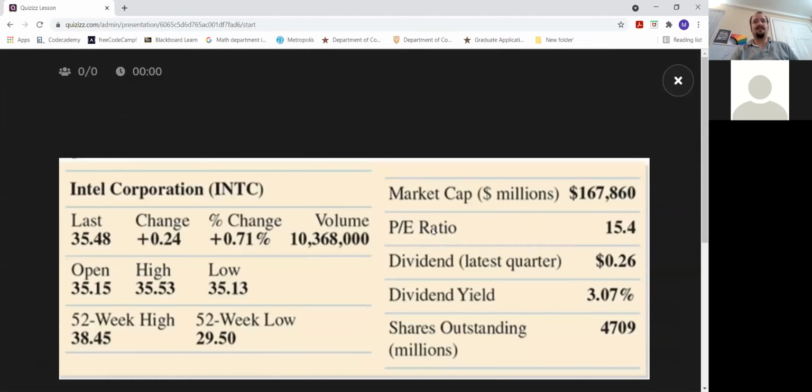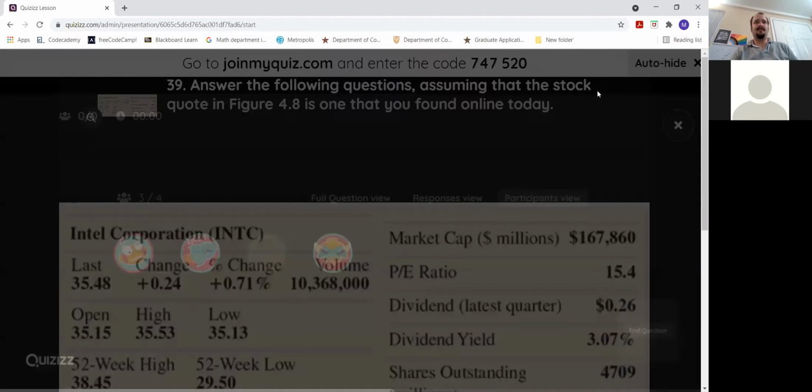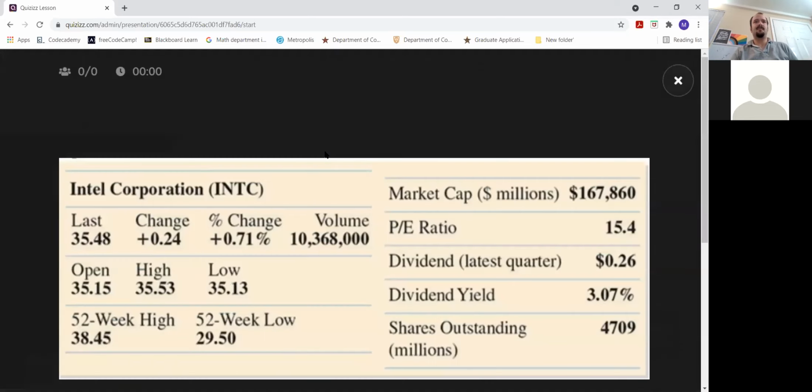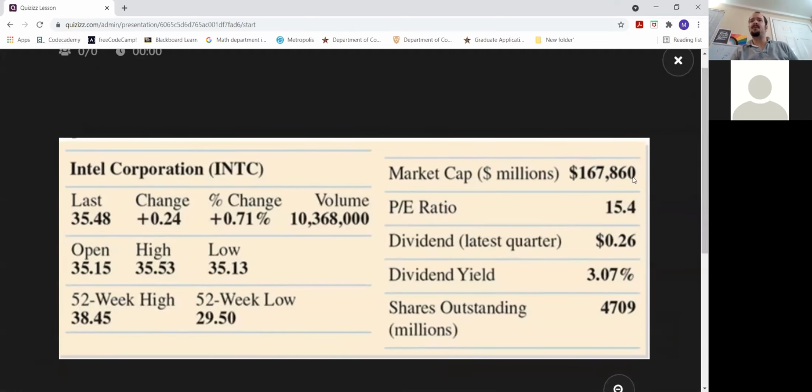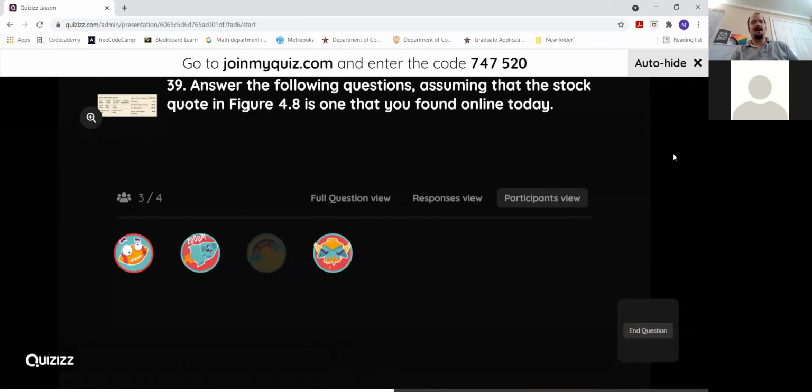So if P divided by E equals this, is that what it said? P divided by E equals 15.4. So I think I'm saying 35.48 divided by E should give me 15.4. How do we figure out that other number?